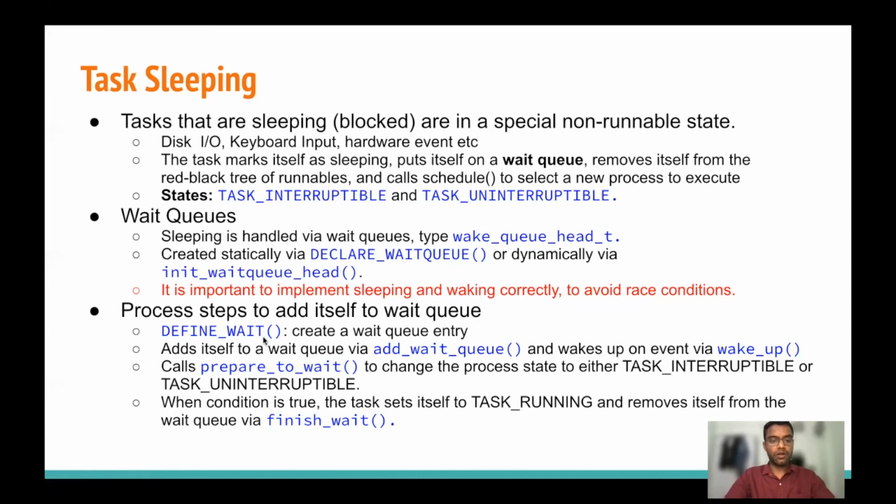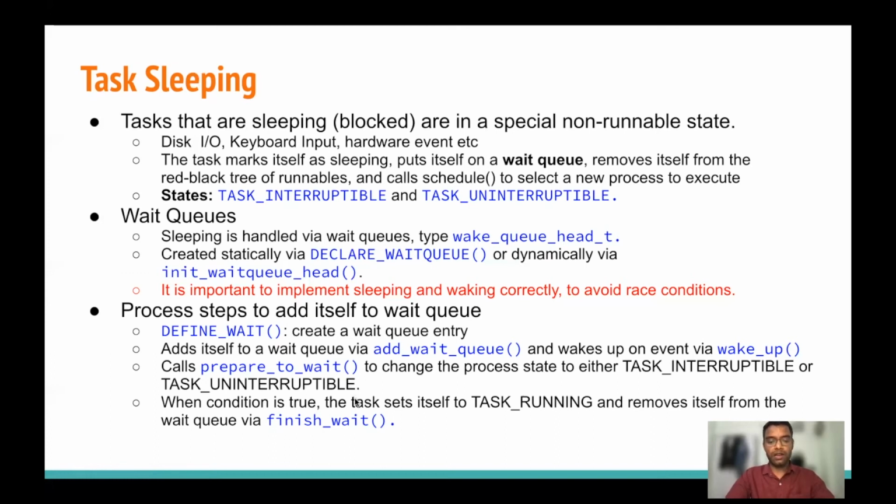First it creates a wait queue entry, and that created entry is added with the help of the function add wait queue. After this, it will call prepare to wait. Here it sets its state to task interruptible or task uninterruptible.